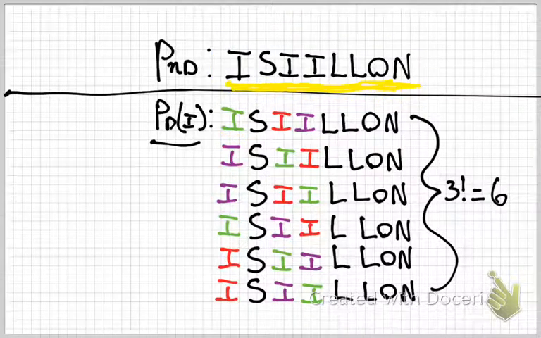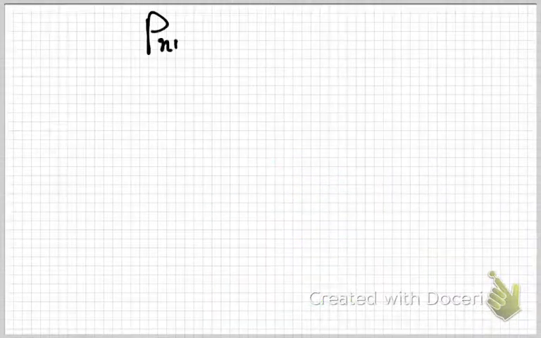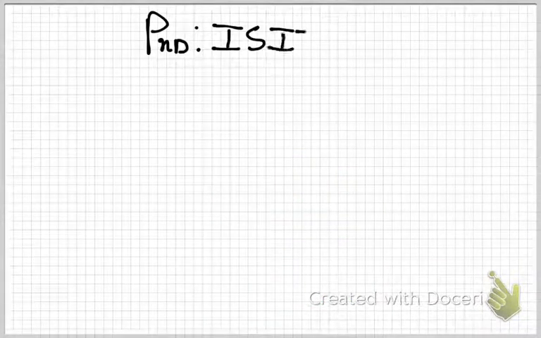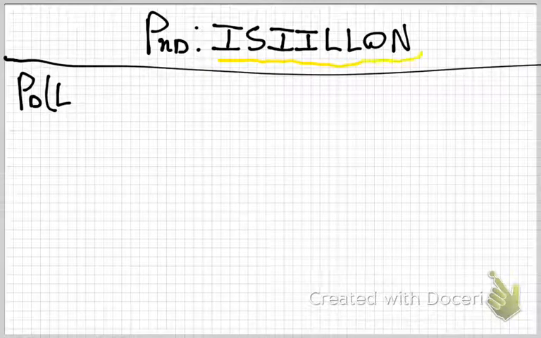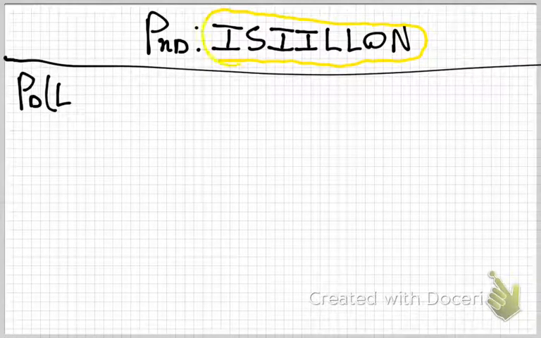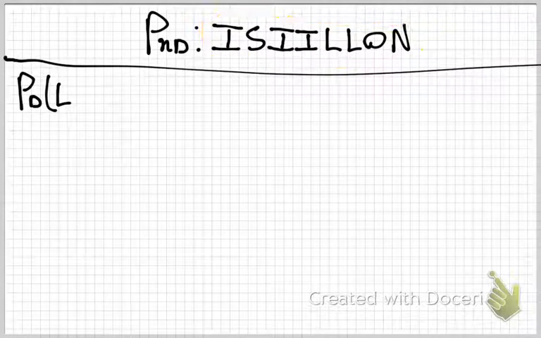Now let's do this all over again, but with respect to L. We take the same permutation in which alike letters are considered to be the same, and we see how many permutations are produced when we distinguish between L's.